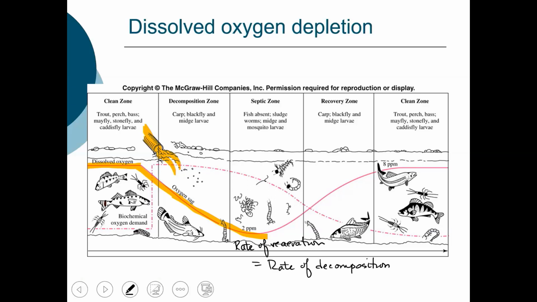Once reaeration predominates, the river starts to recover, and eventually the dissolved oxygen reaches a much more constant value, could potentially reach saturation.